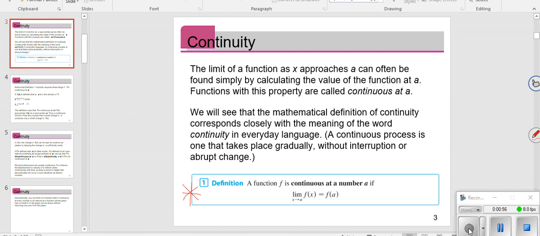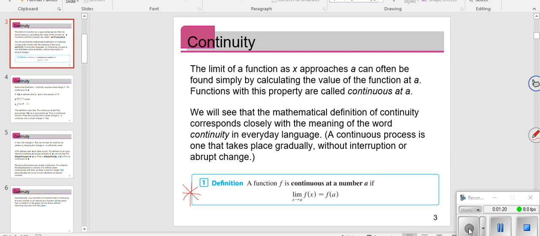We talked about the fact that you could have the limit of some function equal a value, but that is not necessarily what the function equals at that value. So we have to be careful here. What this means is that the value of the function at a has to also equal the limit as x approaches a. So that's a biggie.